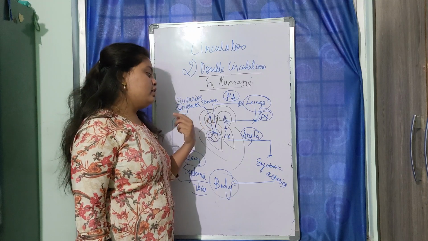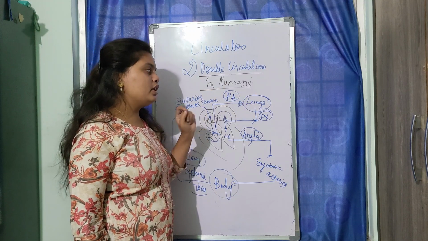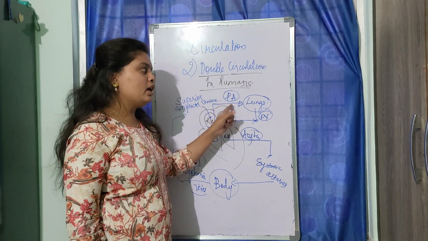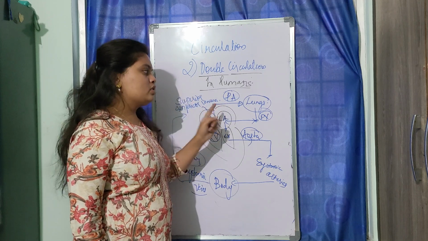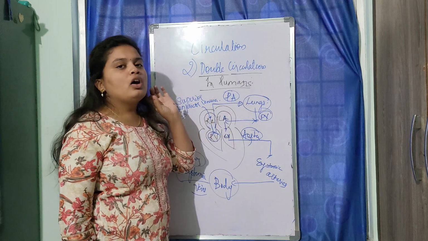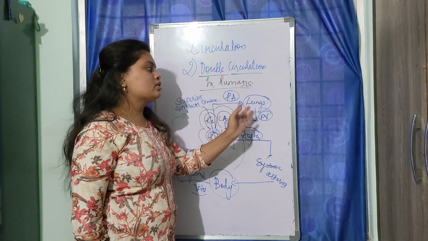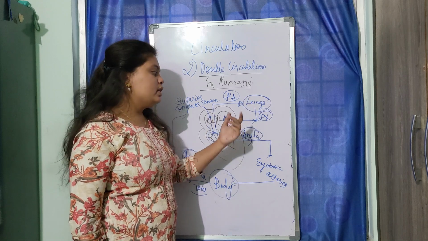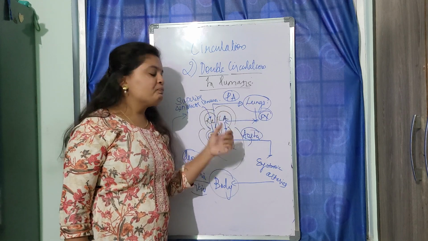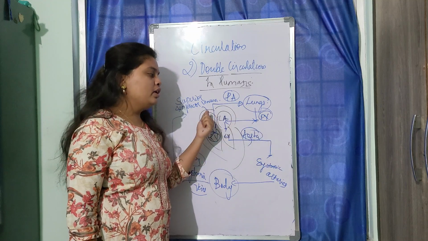From right ventricle this blood goes to lungs via pulmonary artery, the only artery which carries deoxygenated blood from heart to lungs, and at lungs the oxygenation process occurs. From the lungs the oxygenated blood is sent back to the heart via pulmonary vein. It is sent to left atrium.